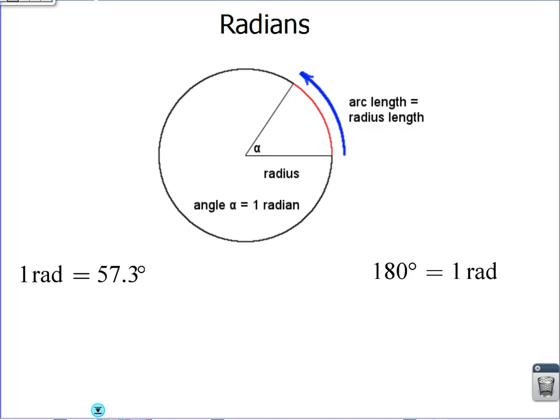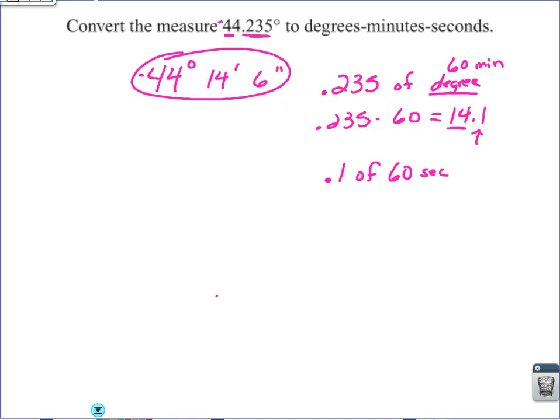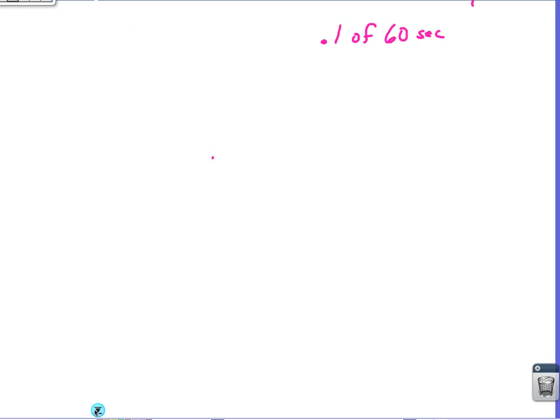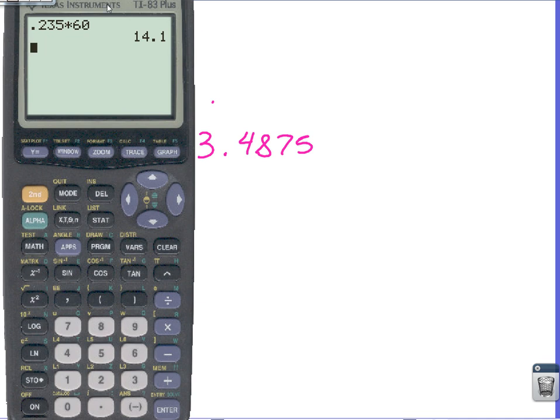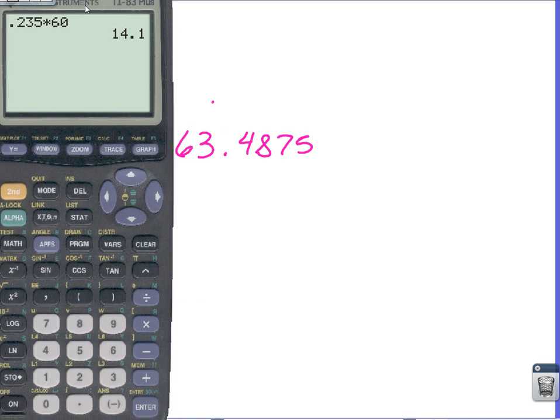I want to work another one of those. Let's make one up. 63.4875. Because I want to show you how quickly you can do this on your calculator. So we know that's a full 63 degrees, so what you would do is take off the 63.